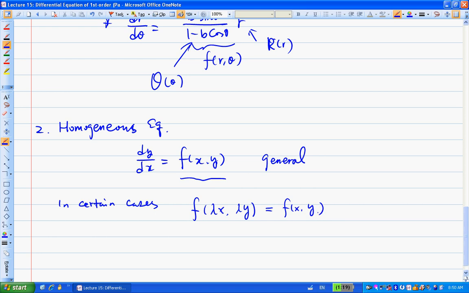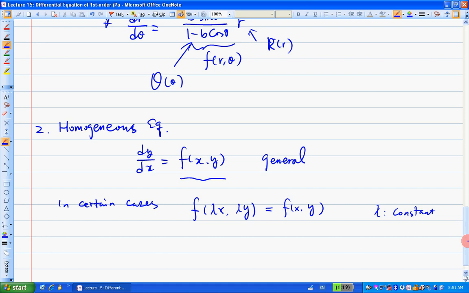So for certain functions f(x, y), in certain cases, when you replace the x and y with lambda x and lambda y, lambda is a constant, a certain constant, it doesn't change. It goes back to itself.